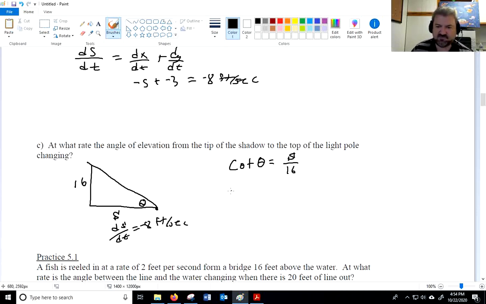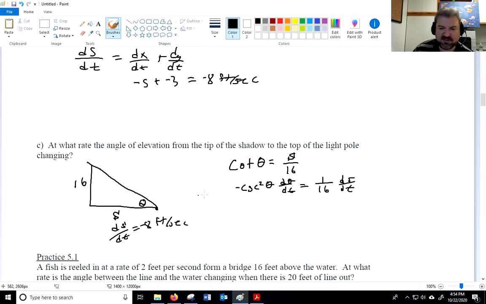All right, the derivative of cotangent is negative cosecant squared theta d theta/dt. And this is 1/16 times ds/dt. All right, well, what is it? We need to figure this out. At this, we don't have that rate, do we?